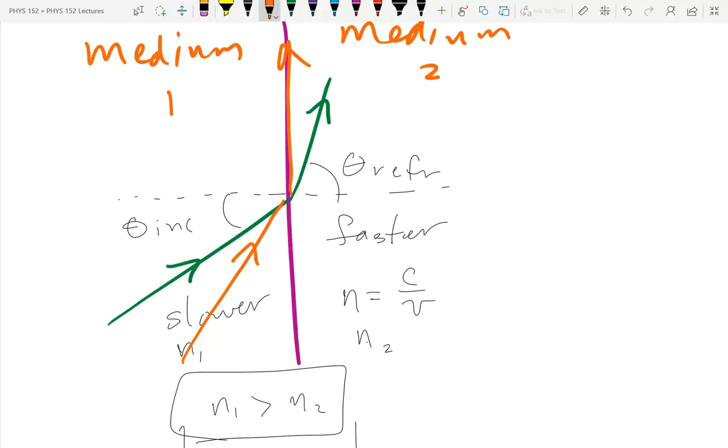Well, what happens if your angle of incidence is bigger than the angle that would result in a 90-degree angle of refraction? Could it be that you let's just say it goes to the other side and it's like over 90 degrees?